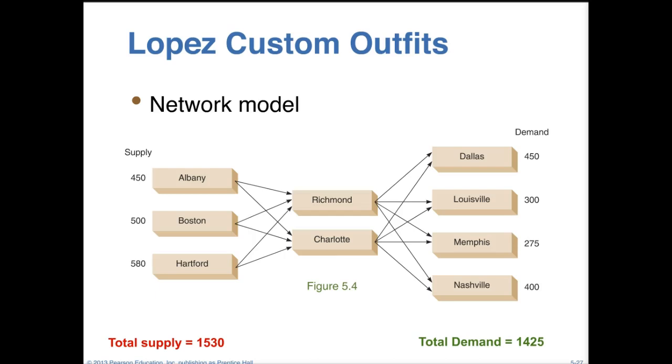All right, so from what we see here, we have supply coming out of Albany, Boston, and Hartford, a total of 1,530. Everything has to come through either Charlotte or Richmond, and then after that, be sent out to our 4 destination locations.